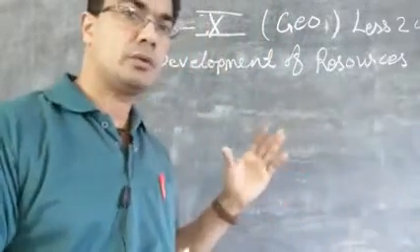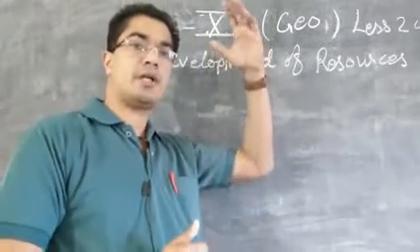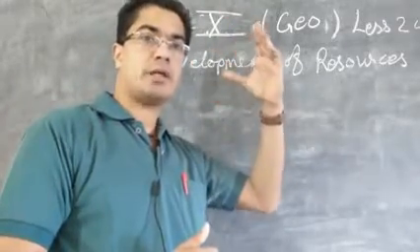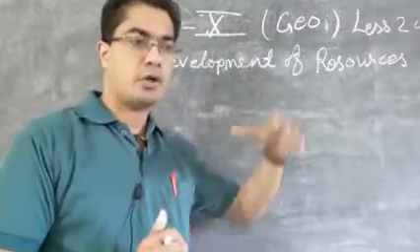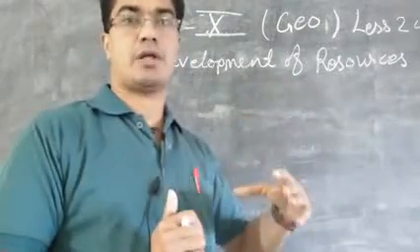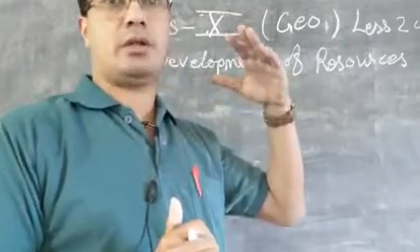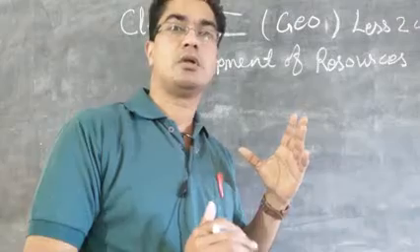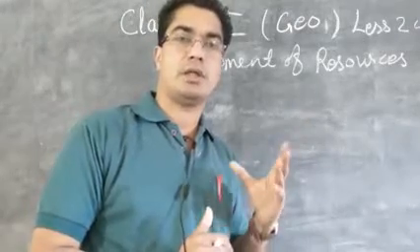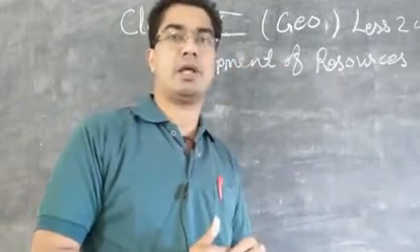Then we know the earth is protected from the harmful ultraviolet rays of the sun by an ozone layer. So if you keep on heating up our atmosphere, or the global warming is increasing, then what happens? It can cause that ozone layer to deplete.